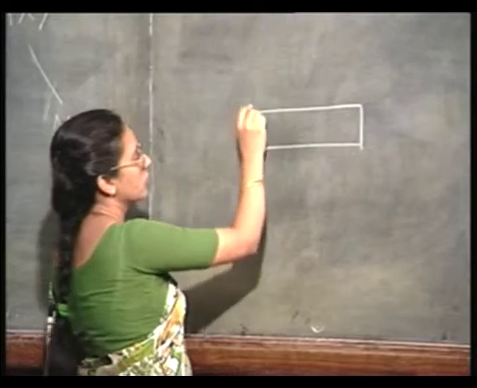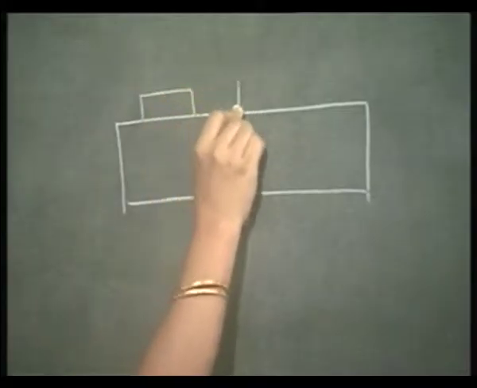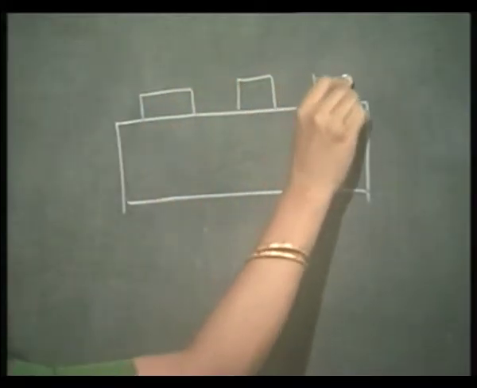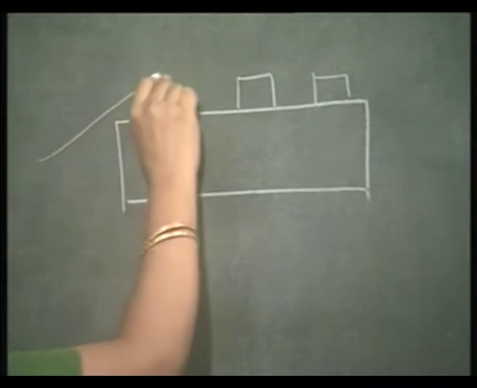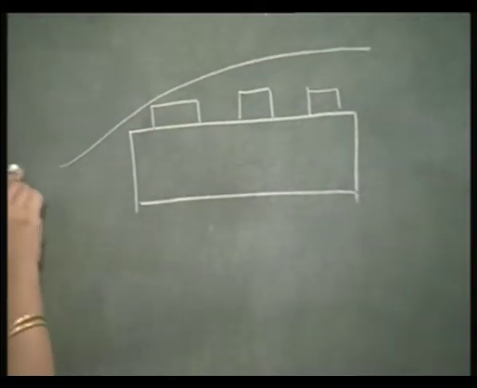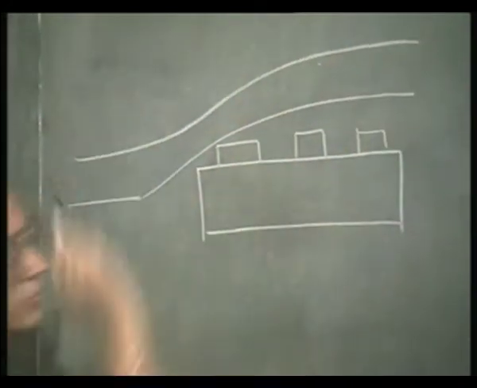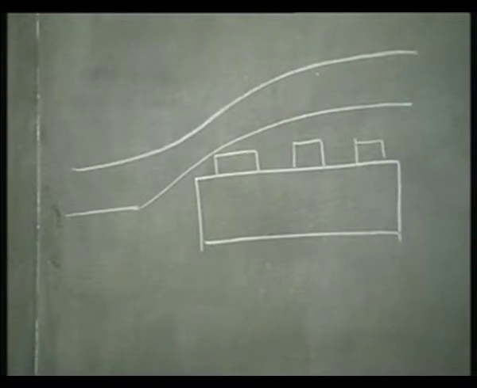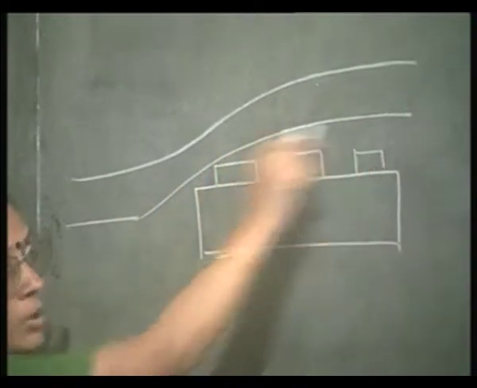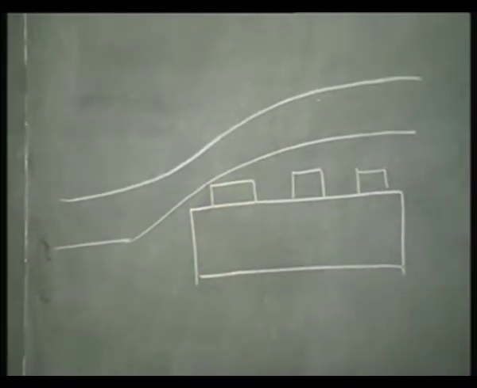This is my sample holder, on top of that this is how the samples are provided, and this is how the stagnant layer is. Right? So, as I go down the chamber, the width of the stagnant layer is increasing.